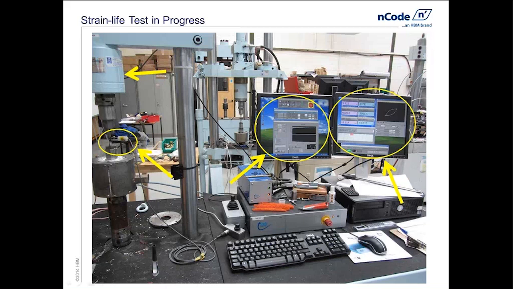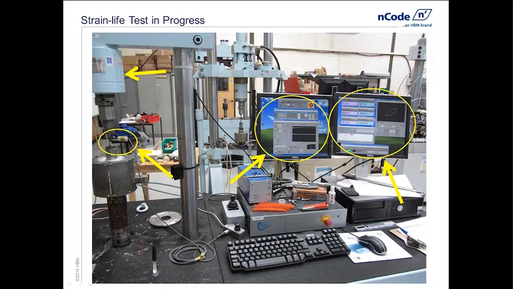And it actually feeds back to a controller that's controlling the rig. Again, we want to maintain constant strain on this specimen, and we'll see in just a slide that the strain levels are not always tied to load levels.